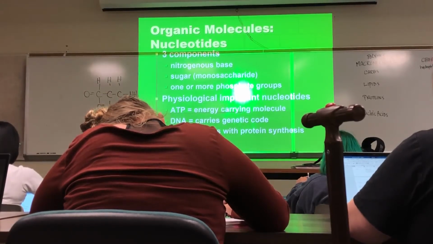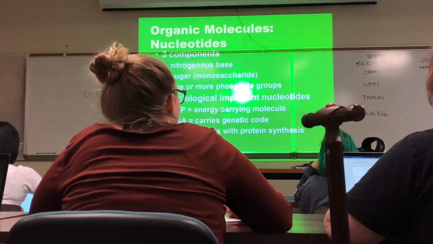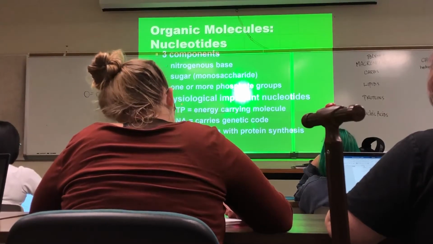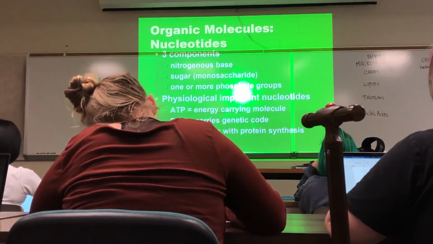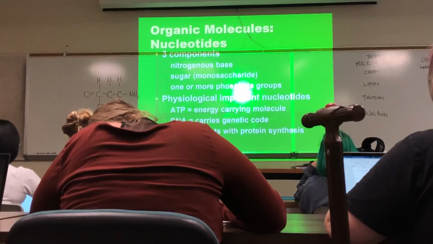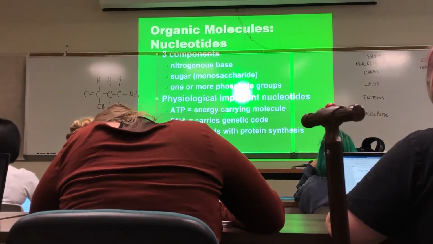We're going to talk about the details of what's necessary to be a nucleotide. And we're going to talk about examples like, look at this, ATP, DNA, RNA. When it comes to examples, you can write all of this down.